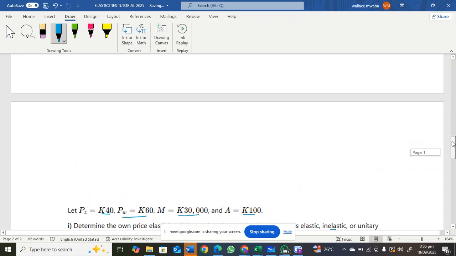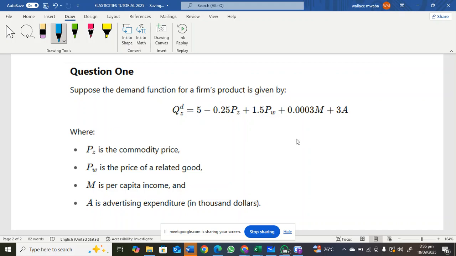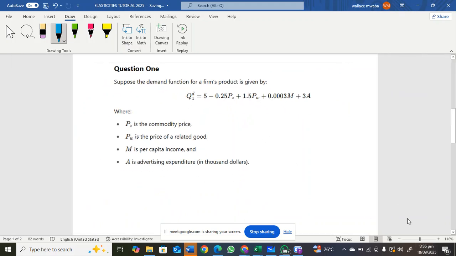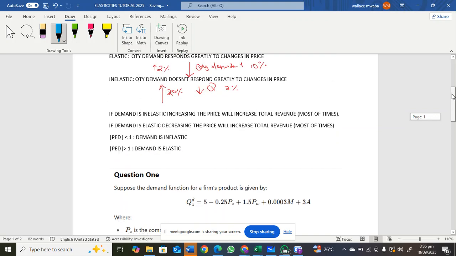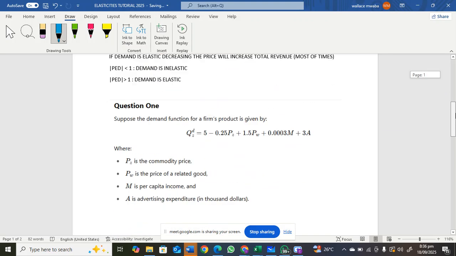So we come to our function here. First thing that we need to do, let me just write the formula here.